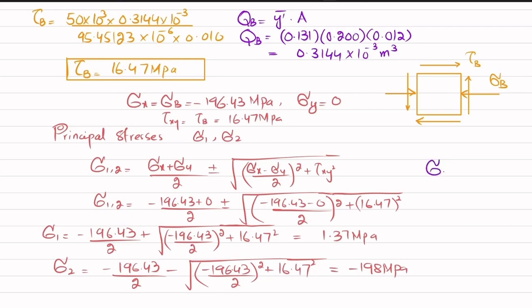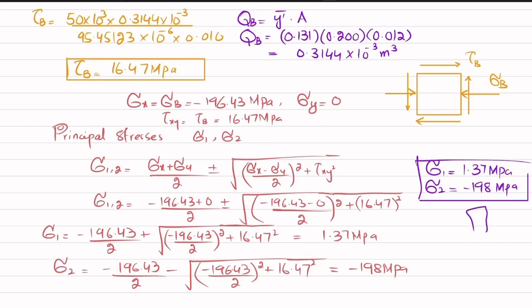So according to this, sigma 1 is 1.37 megapascal and sigma 2 is minus 198 megapascal. These are the principal stresses acting at point B due to the given loading.